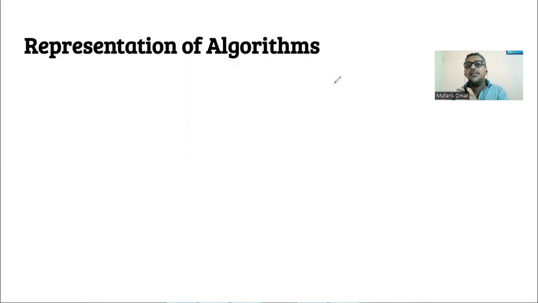When translating the algorithm to a computer program, there will be a problem, right? So the computer engineers, or maybe you can call them scientists, whatever, came up with a solution for how to represent an algorithm.